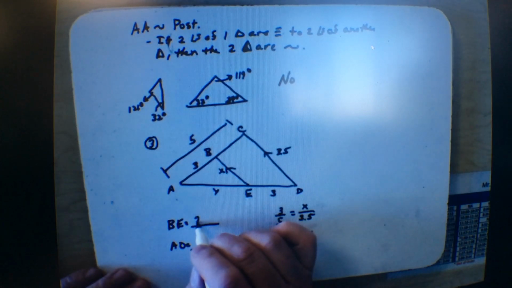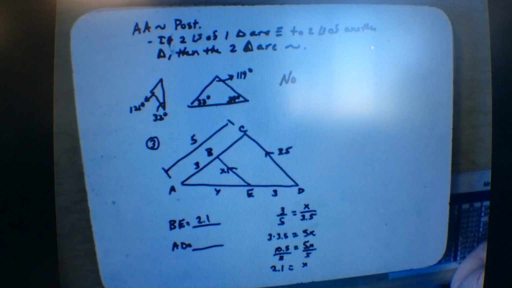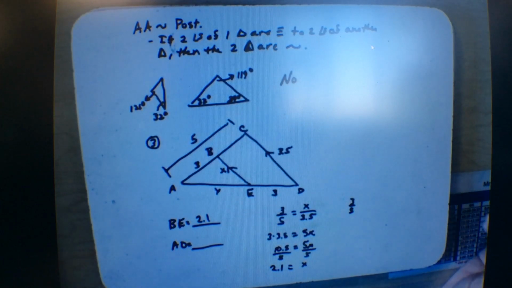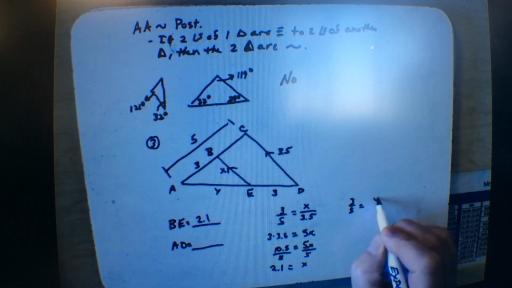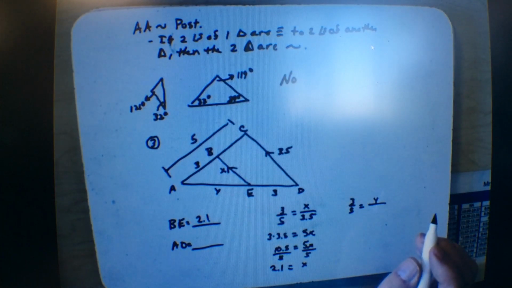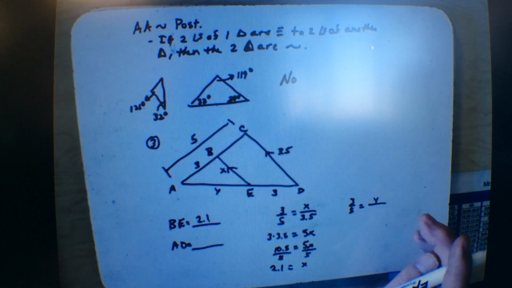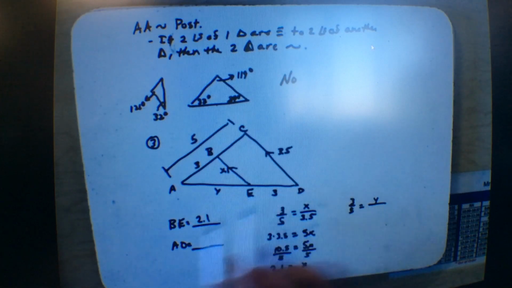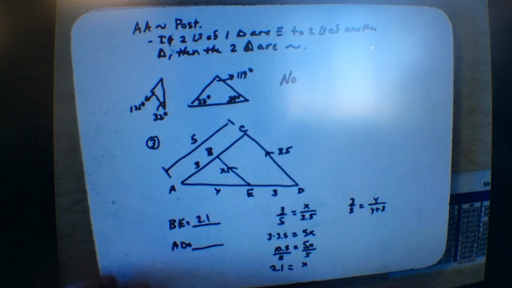Now that's BE. To find the other one is a little harder. We still use the 3 and the 5 because those are corresponding sides. But then we come back here to find y, and y over the whole side. We don't have the whole side, so we put y plus 3. That is the whole side, and we have a quantity.